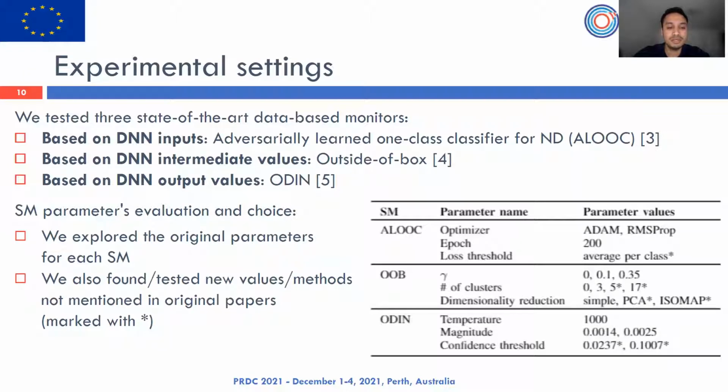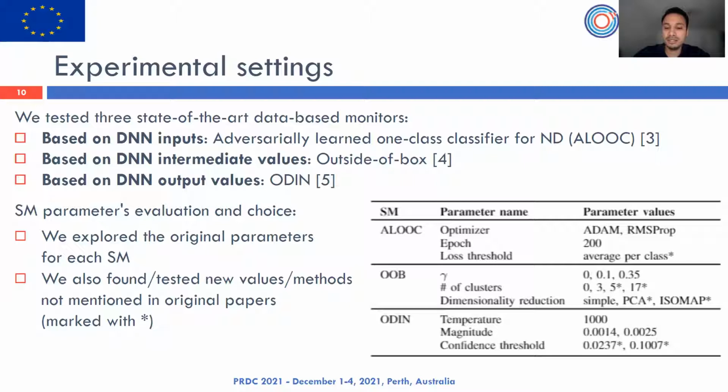And we have ODIN, that's based on the decision. Actually, it's based on the confidence values of the decision. It just tries to rescale these confidence values to be less overconfident regarding the prediction.